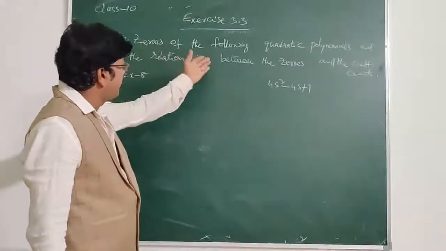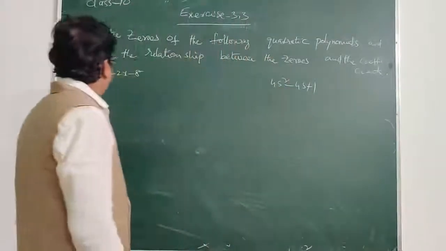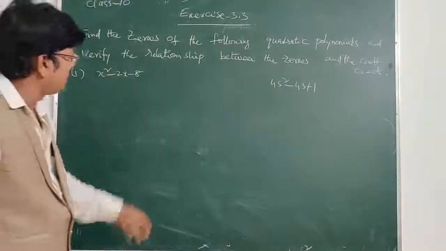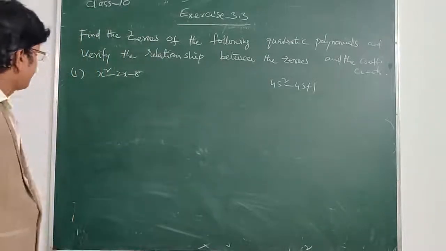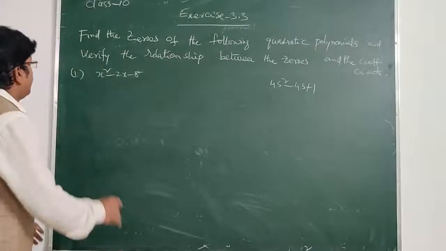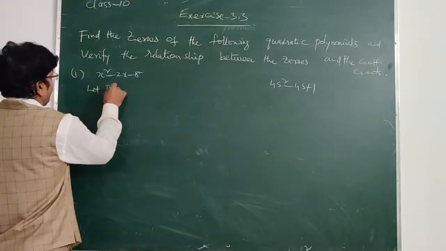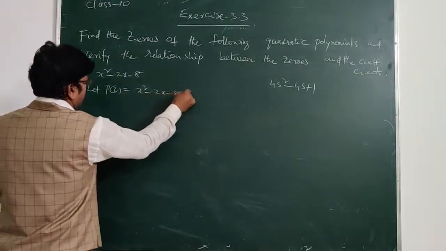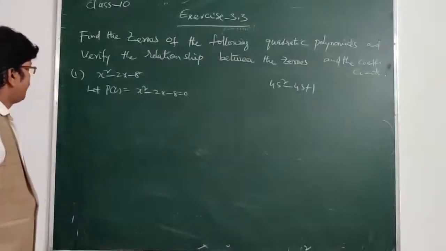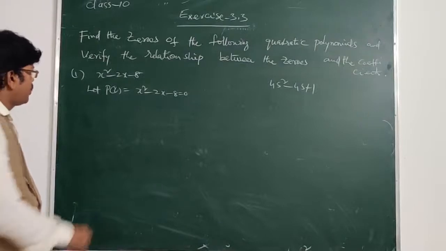Find the zeros of the following quadratic polynomials and verify the relationship between the zeros and the coefficients. First find the zeros. Let p of x equal to x square minus 2x minus 8 equal to 0. Now, going to solve this.